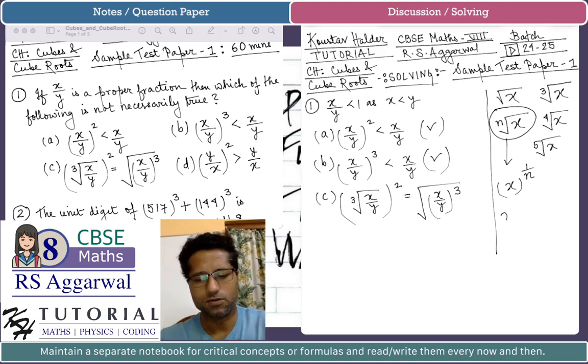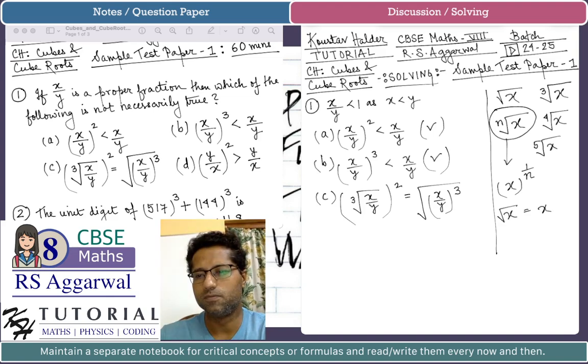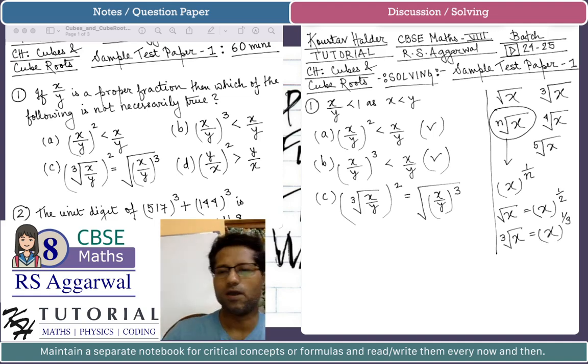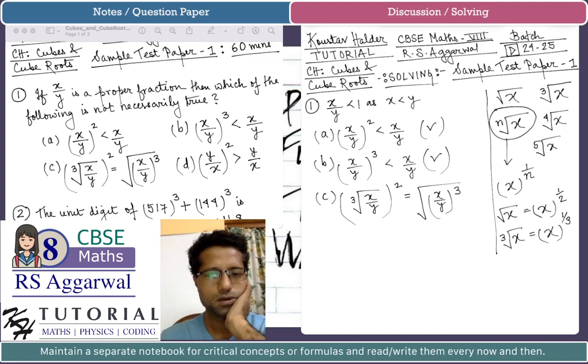So definitely we can say that the square root of x is nothing but x to the power 1 by 2, and the cube root of x is x to the power 1 by 3. Even though you have studied exponents in class 7, where the powers were integers, in class 8 there is also a chapter on exponents where the power or exponent will be rational numbers.